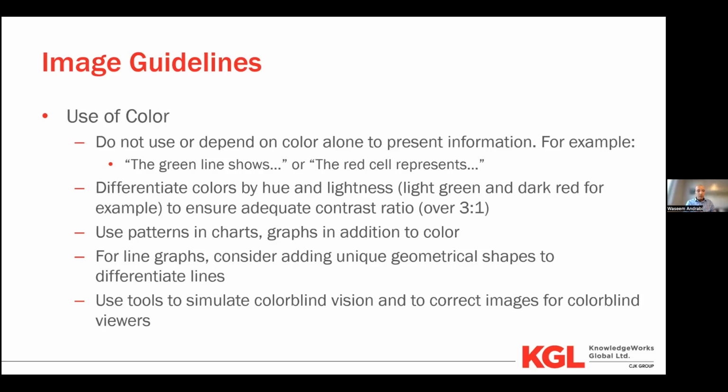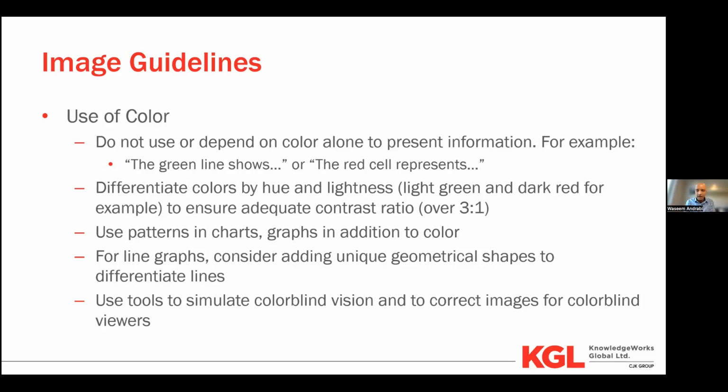Also, like we talked about, differentiate colors by hue and lightness. So light green and dark red, for example, would be okay. Even though a user can be colorblind, they will be able to differentiate between the two based on the hue and lightness once the contrast is addressed. And in addition to color, you can use patterns in charts and graphs to differentiate things.